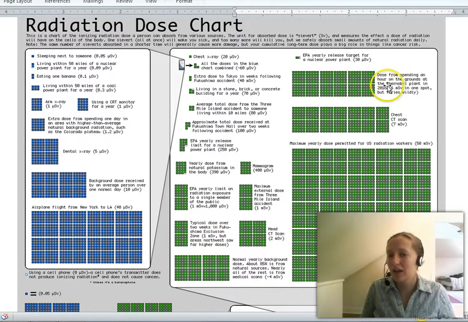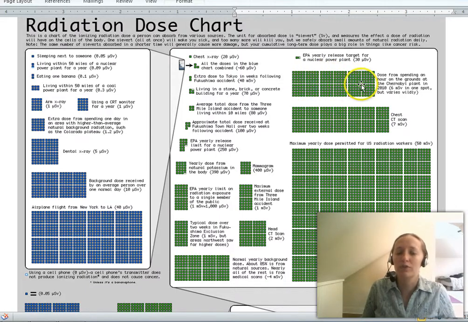In 2010, if you went to the Chernobyl plant, basically now, and spent an hour there, you would get much more than you are supposed to get in a year. So what you can see is that Chernobyl is much more radioactive now than Fukushima ever was.